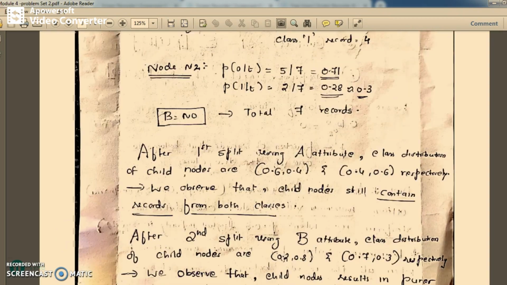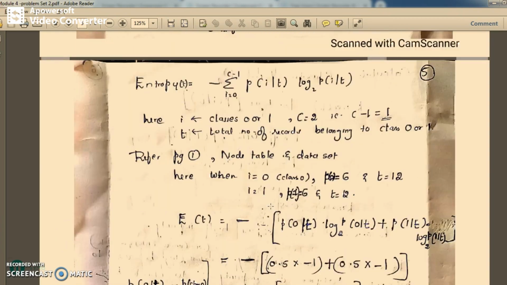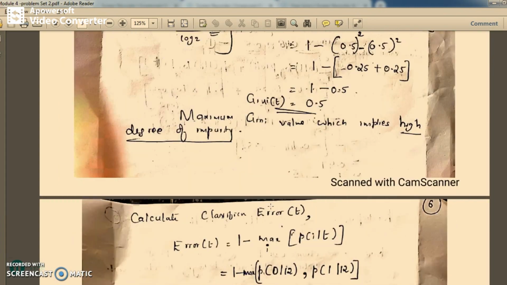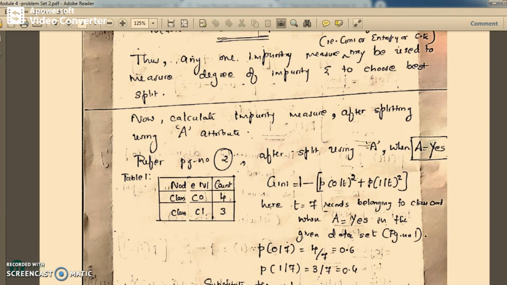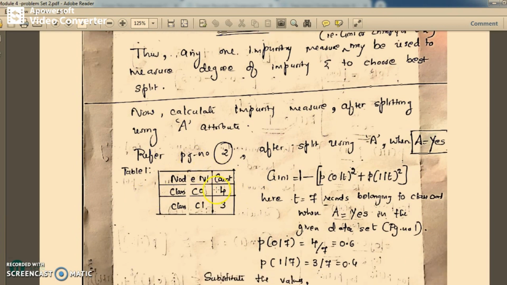Let's first calculate all the three measures for node n1 only, that is the left node n1. In the table, for node n1 the class 0 count is 4 and the class 1 record count is 3.